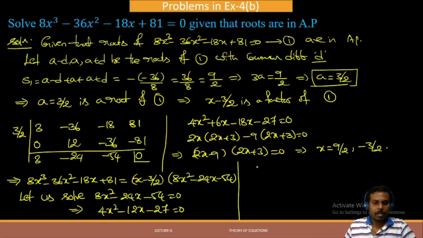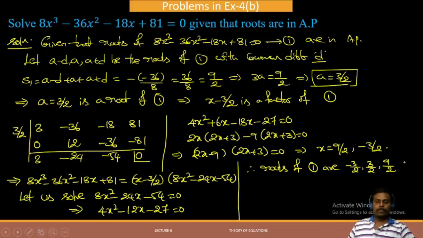Okay. Therefore, the roots of the equation 1 are minus 3 by 2, 3 by 2, 9 by 2.